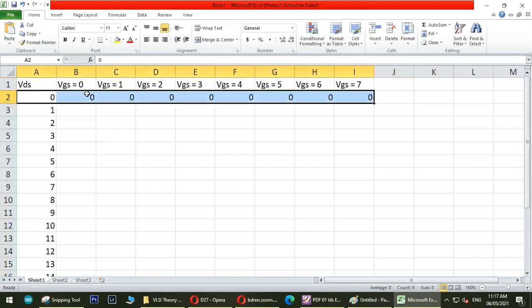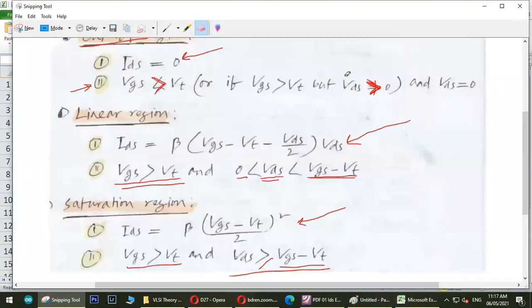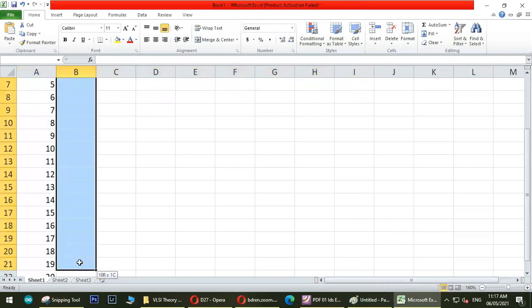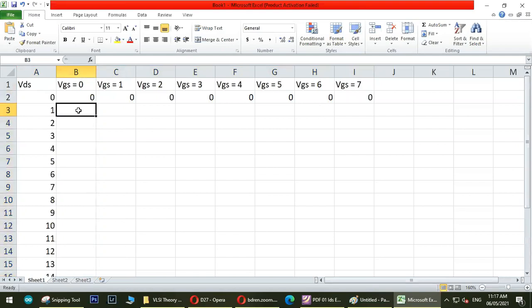Because your VDS is equal to 0 here. If VDS is equal to 0, we know this will be cutoff, and cutoff is equal to 0. So that's why we put 0 here. And if VGS is equal to 0, that means this whole line will be 0, because this is also cutoff.